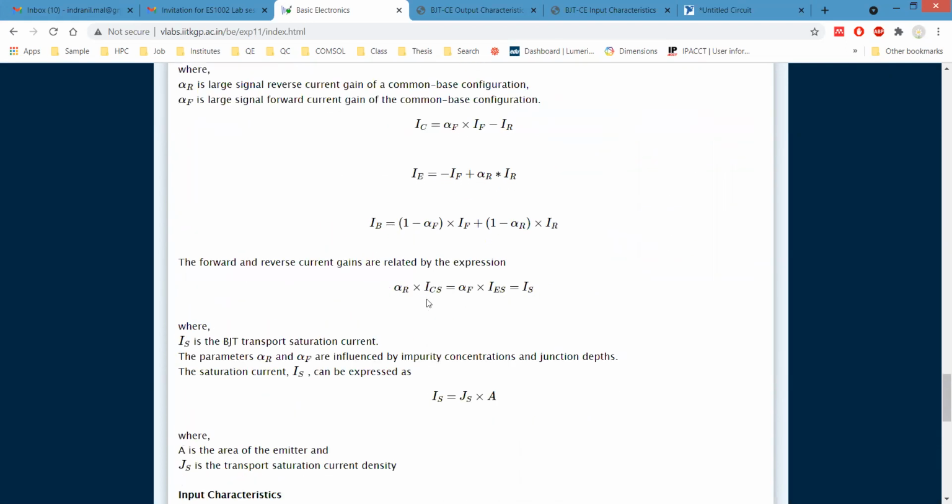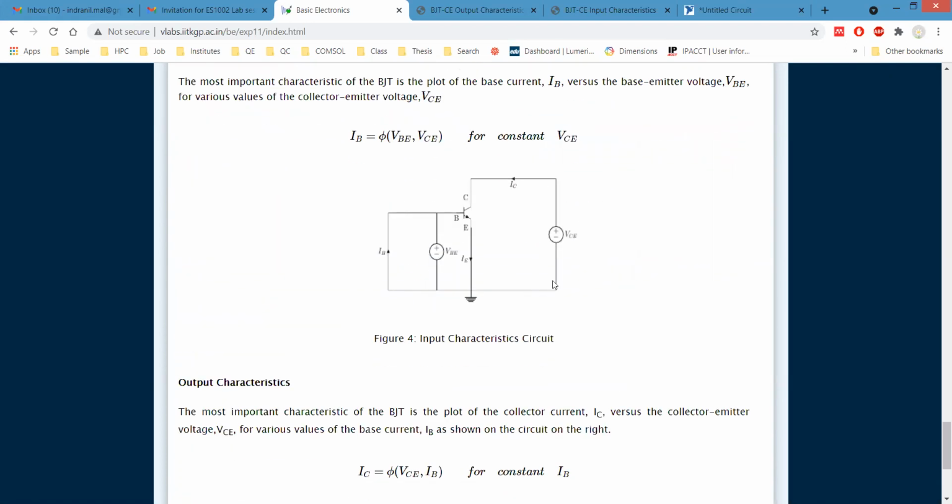Basically this will be our circuit configuration. Though it is only the transistor connected to the sources, it is a good habit to apply a resistor with these terminals. In the case of the base also we have to apply a resistor.